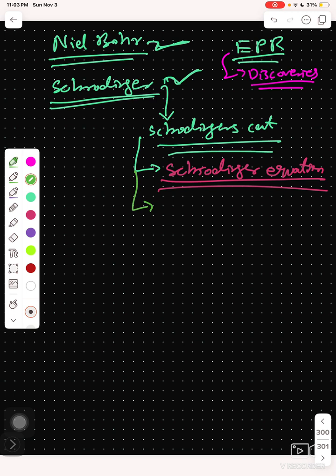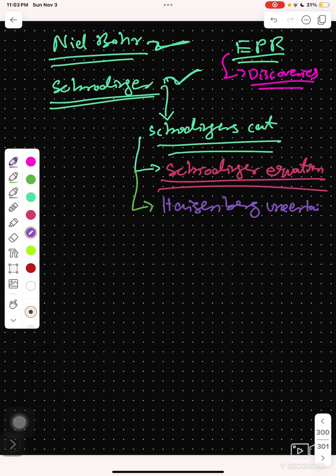Then Heisenberg, his Heisenberg uncertainty principle.